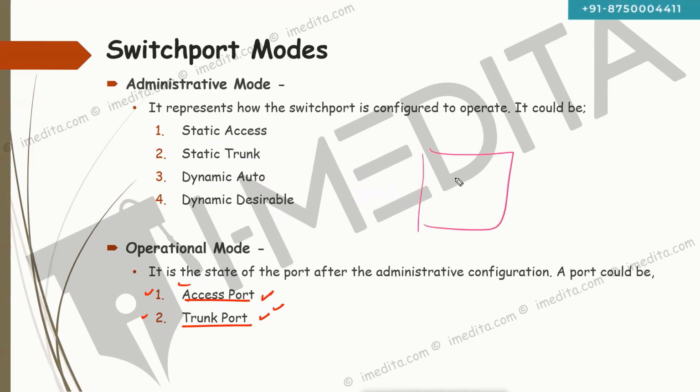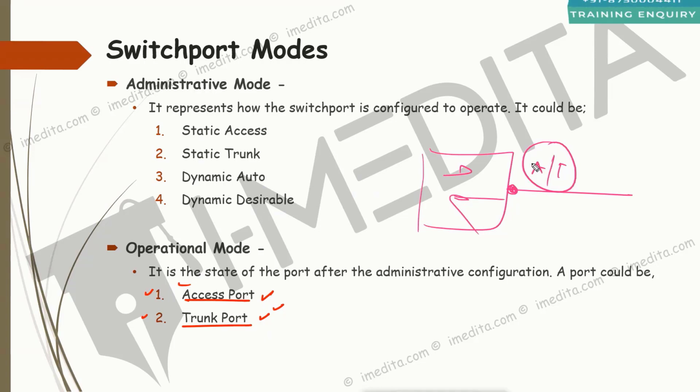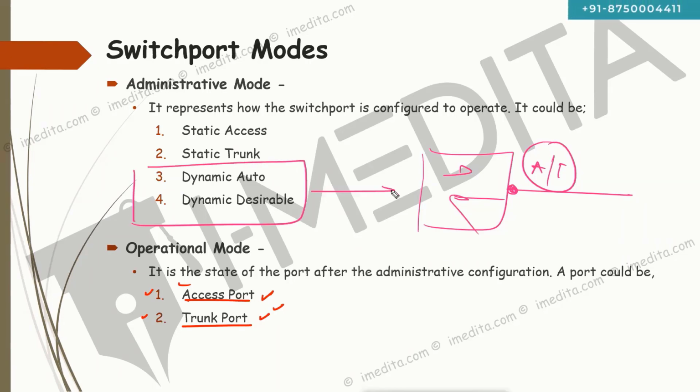So if someone asks whether a Cisco Catalyst switch port by default is an access port or a trunk port, you cannot actually answer it. Practically, all Catalyst switches implement DTP on all the interfaces by default. I don't need to configure DTP.